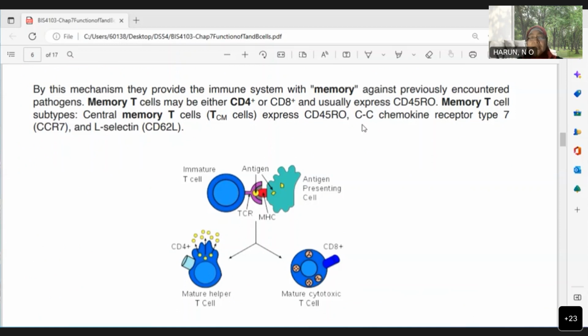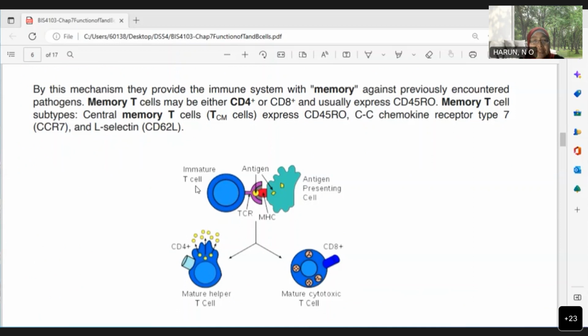This stands for the chemokines, the international symbol that is used for chemokine, where chemokine receptor type 7, CCR7, and also selectin CD62L on memory T cells.